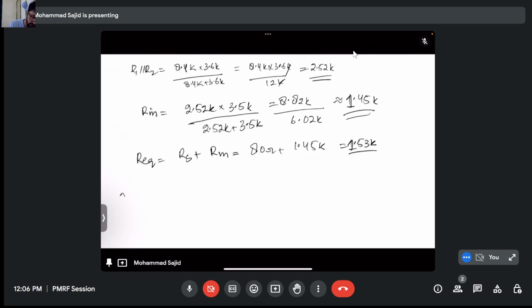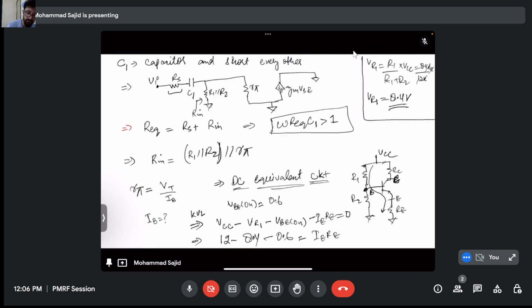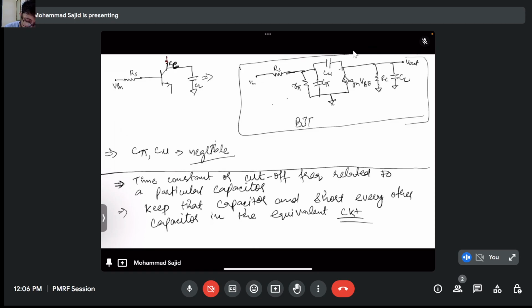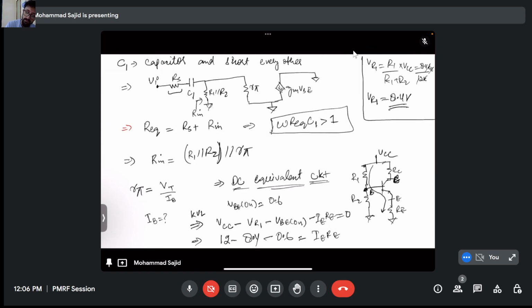Therefore, we have omega C1 R equivalent greater than 1. This gives frequency should be greater than 1 divided by 2 pi C1 R equivalent. So my lower cutoff frequency will be equivalent to 1 divided by 2 pi into C. What is C? C1. C1 is 10 microfarad.